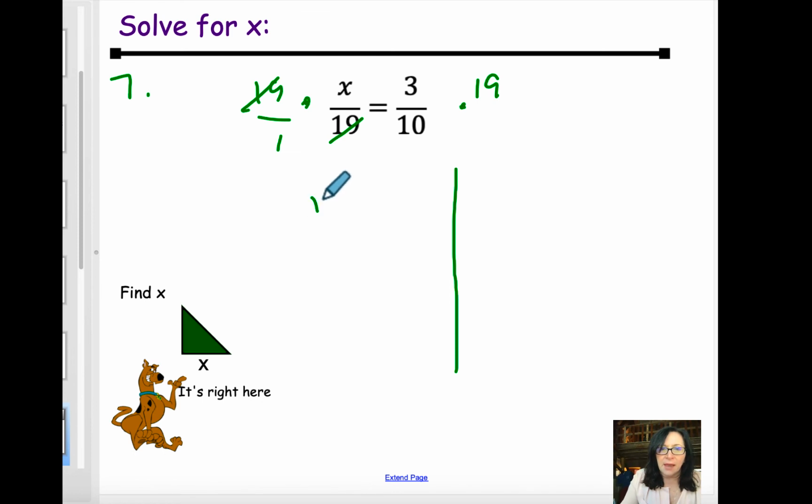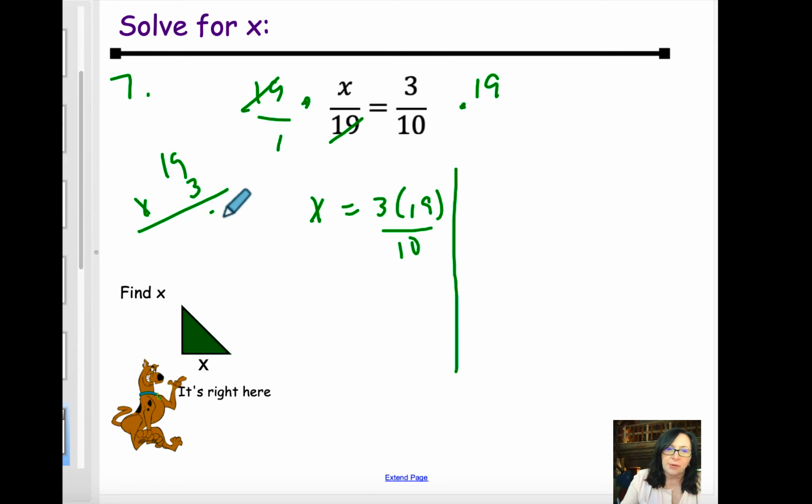And I would get x is equal to 3 times 19 divided by 10. Okay, now 3 times 19 on the side, I could do that. 9 times 3 is 27. Carry the 2. 3 plus 2 is 5, so I get 57. So x is equal to 57 over 10. I could rewrite that as 5.7.